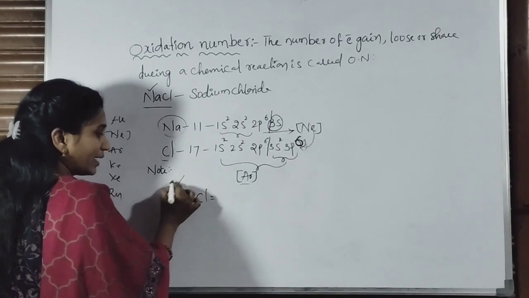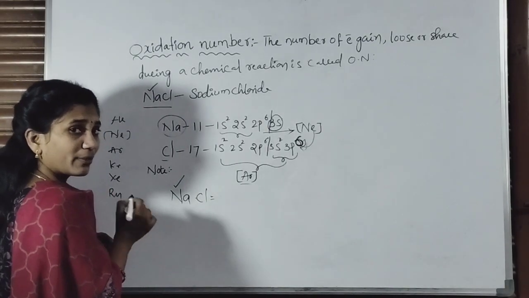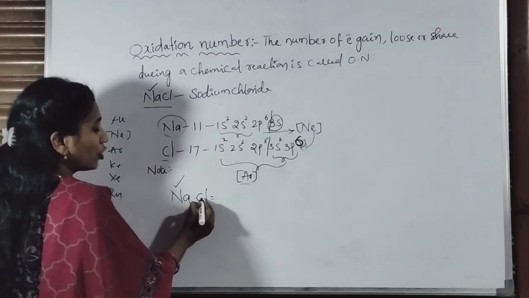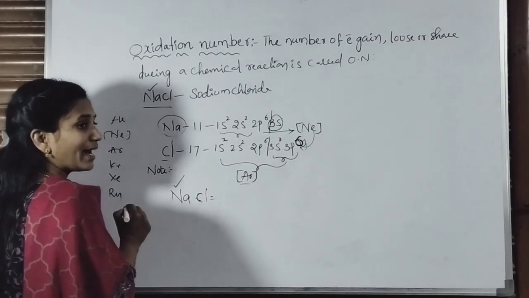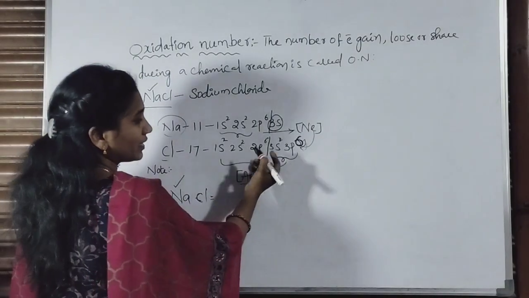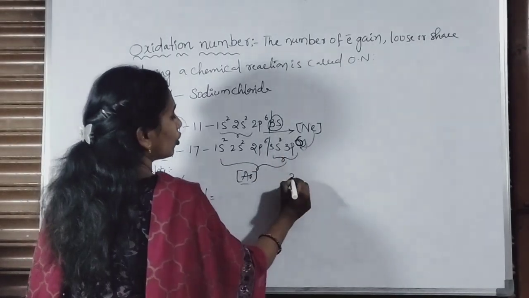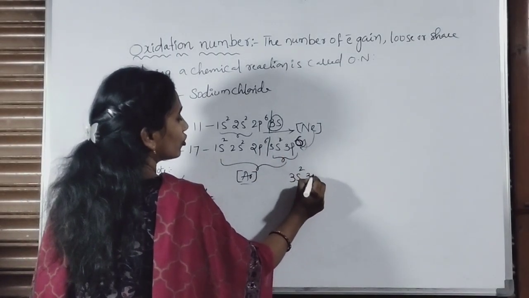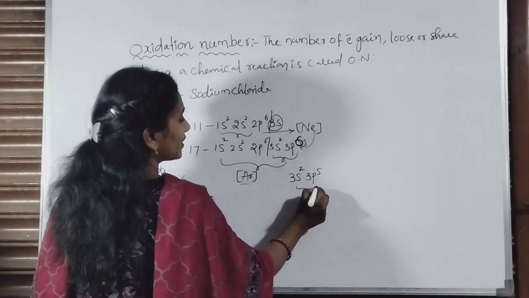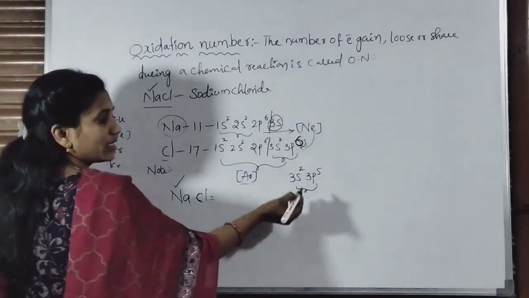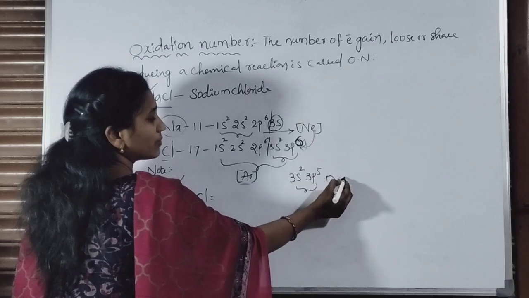Now here we have to find out the sodium metal oxidation number. What is the valency of the chlorine atom? If we look at the electronic configuration of chlorine, what is it? 3s2 and 3p5, yes or no? If it gets one more electron, it will become stable, no?